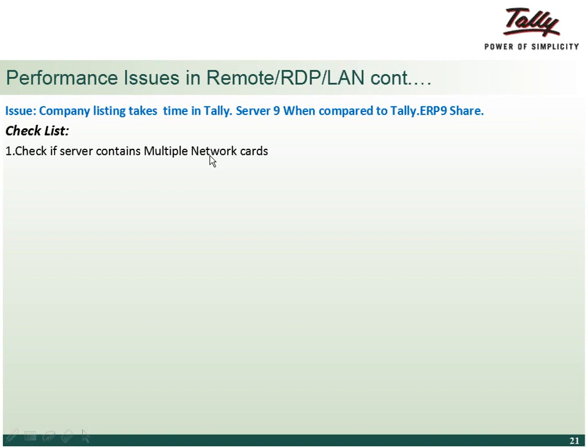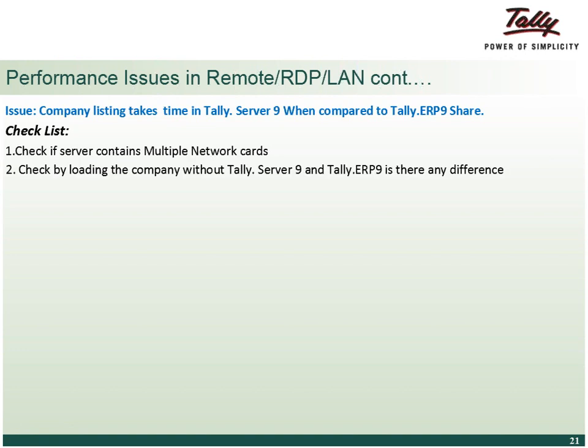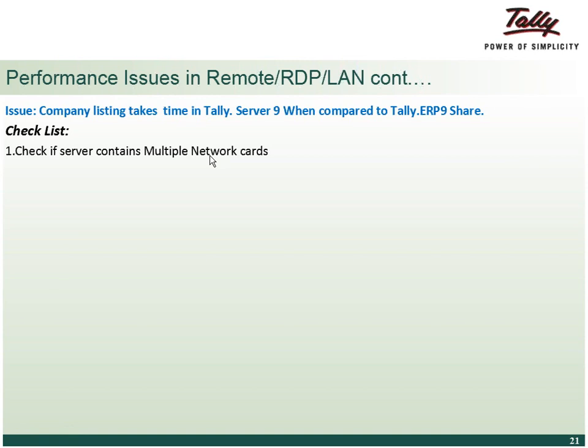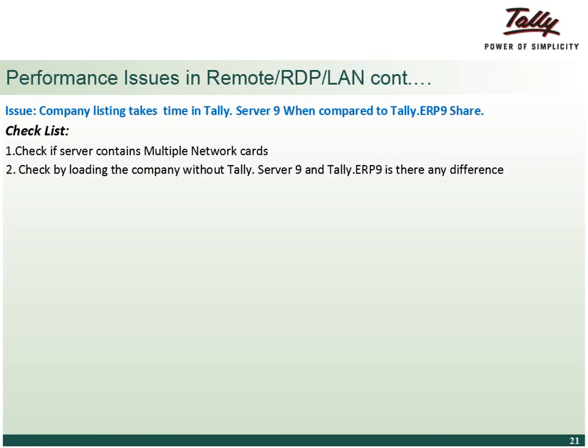You need to check if the server contains multiple network cards. In previous sessions and slides, we have already discussed how exactly we can check the availability of multiple network cards in the system. And we need to check by loading the company without Tally Server 9 and Tally ERP 9. Is there any difference in loading? And we need to check the types of network from which the data is connected.